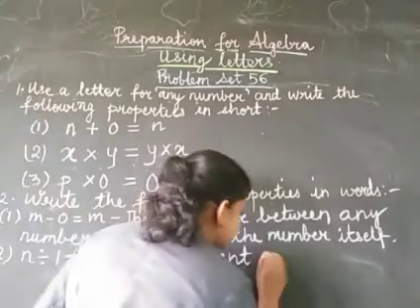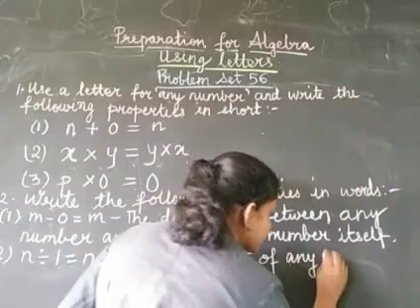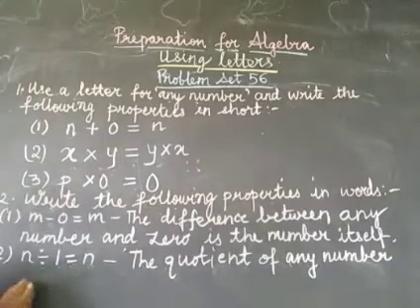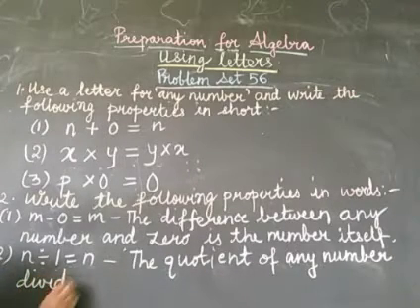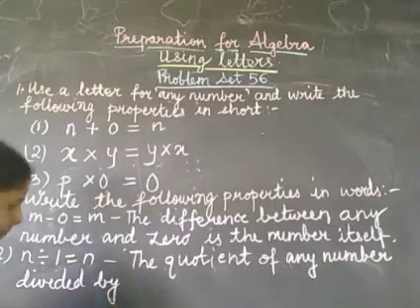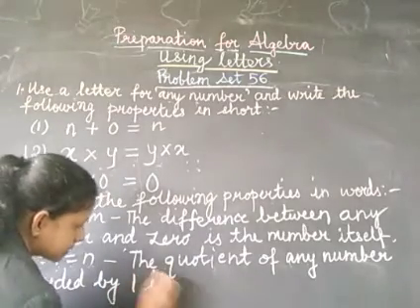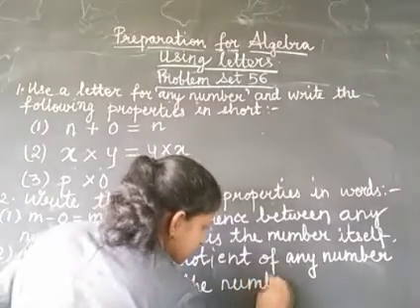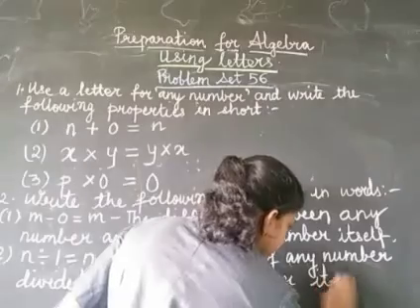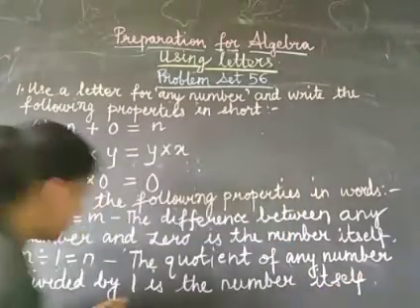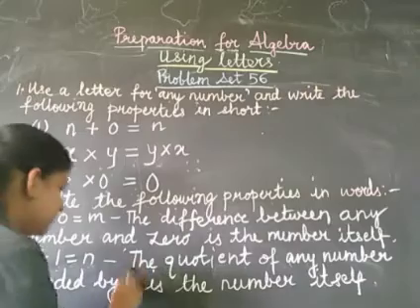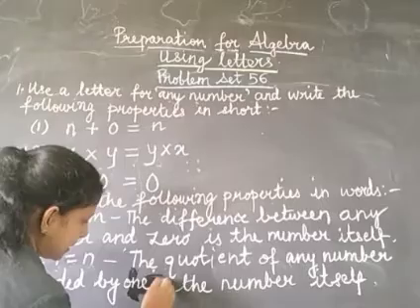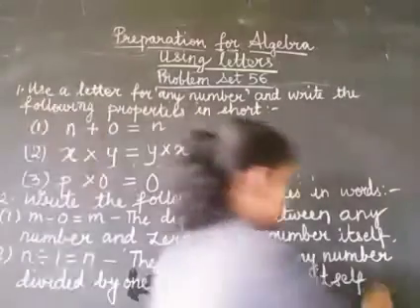Okay, so the quotient of any number divided by 1 is the number itself. Instead of 1 we can also write it as ONE. Okay, one divided by 1 is the number itself.